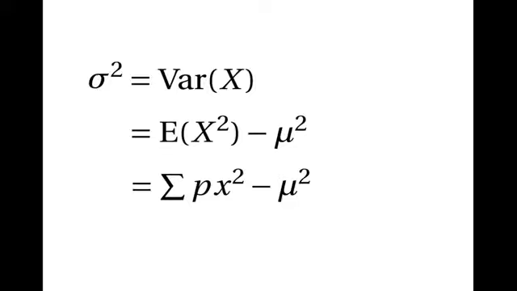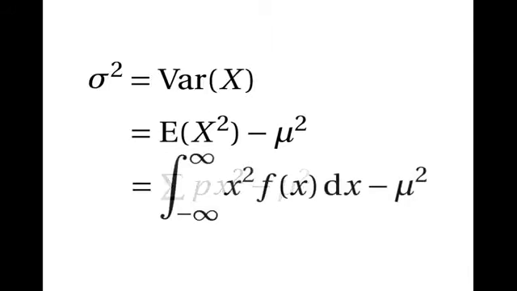And again, for a continuous random variable, we replace the sum with an integral sign, and we replace the probabilities with the probability density function. So the variance of a continuous random variable is the integral of x squared f of x, evaluated over all possible values of x, minus the square of the mean.